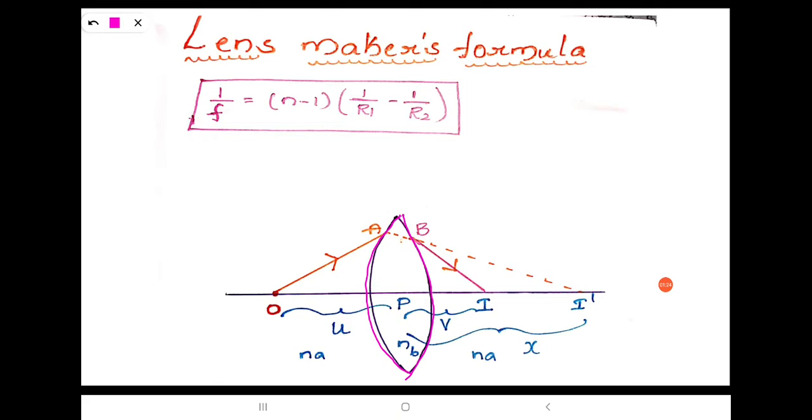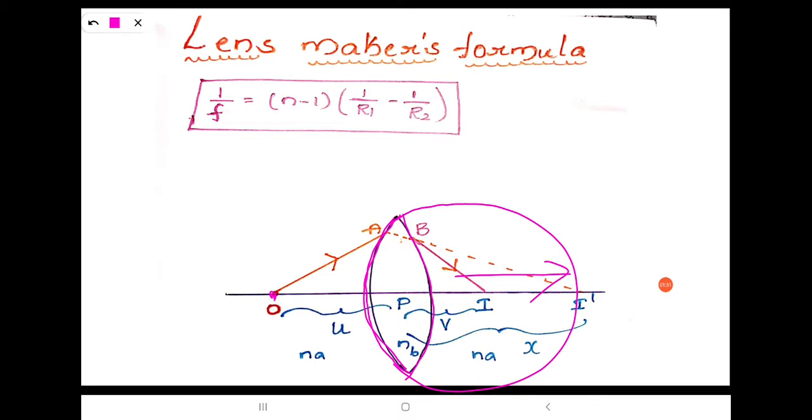Now we place an object on the principal axis. Here the first refracting surface has radius of curvature r1, so the sphere of the first refracting surface is like this. The second refracting surface contains a sphere like this, and its radius of curvature is r2.